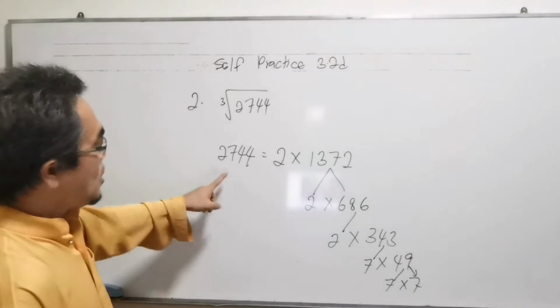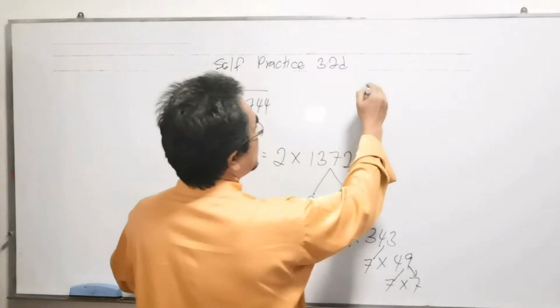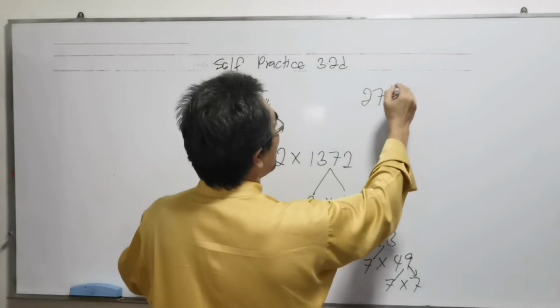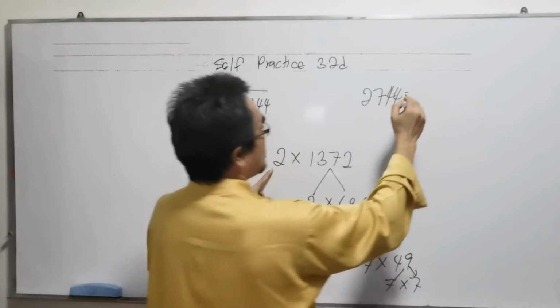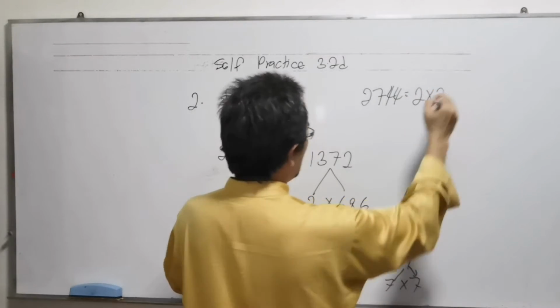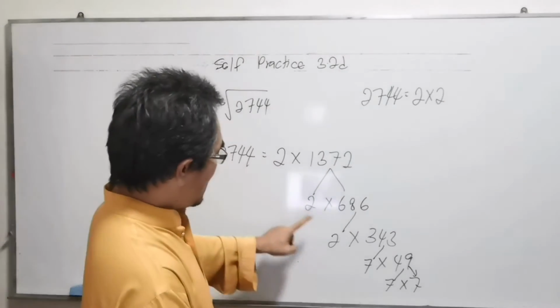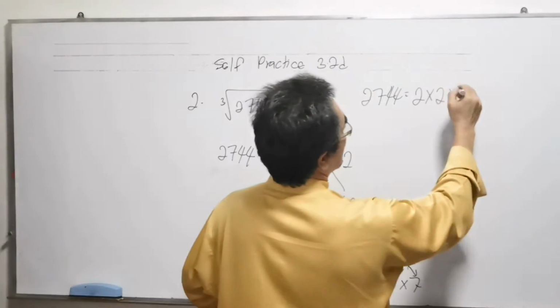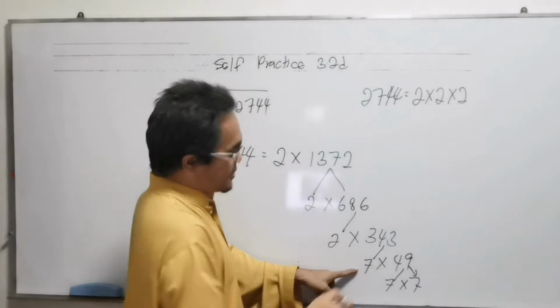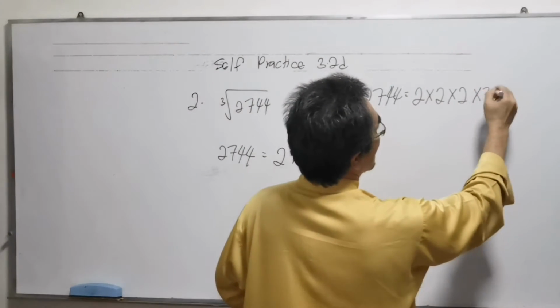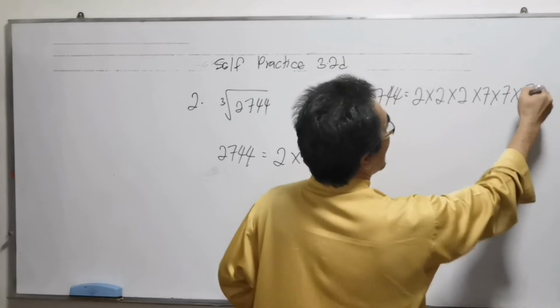Okay, so in other words, this 2744 is 2 times 2 times 2 times 7 times 7 times 7.